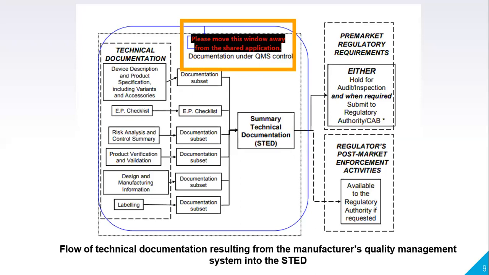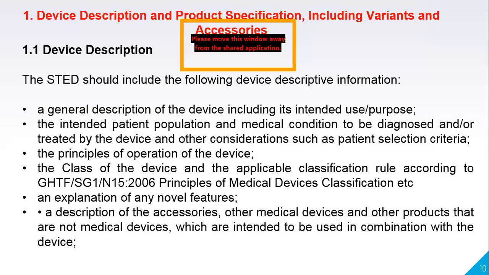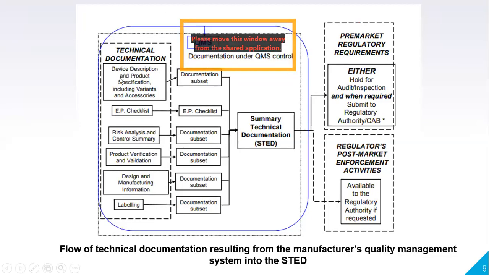Similarly, it is called a QMS. So see here, technical documentation in the left hand side, we are seeing the different technical documents. What is the first document? Device description and product specification, including variants and accessories. The left side components we will see individually.